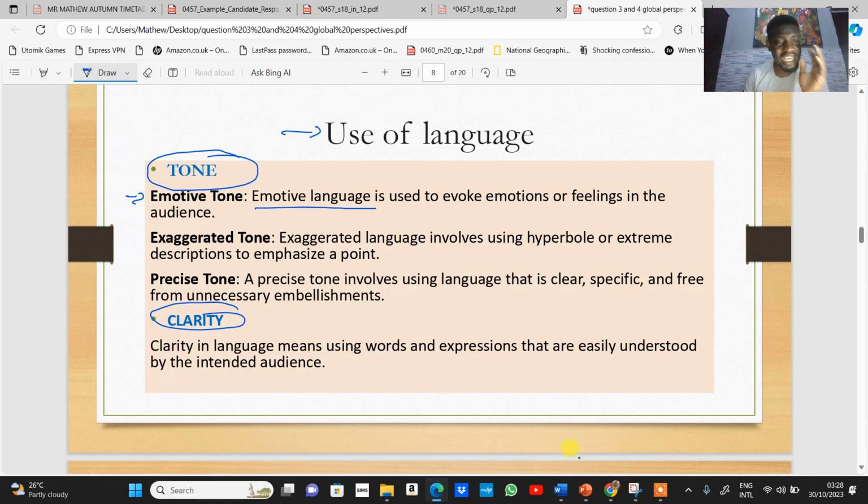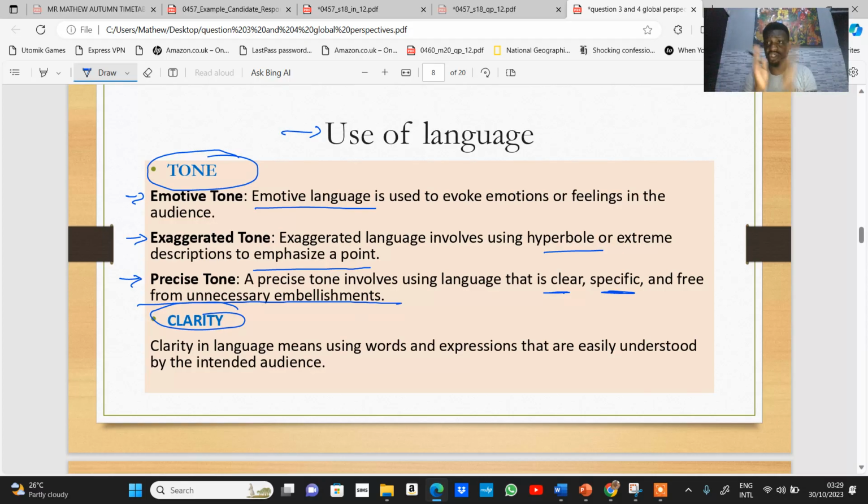Is it an exaggerated tone in the write-up? Exaggerated language involves using hyperboles or extreme descriptions to emphasize a point. Now, a precise tone involves using language that is clear, specific, and free of unnecessary embellishment.